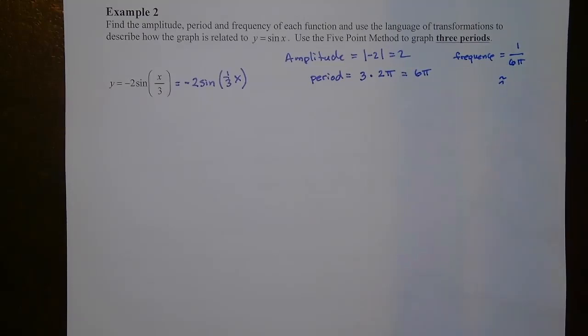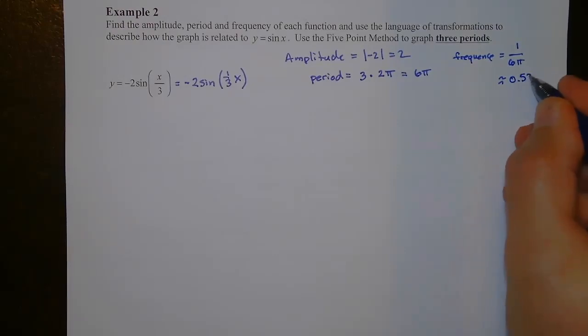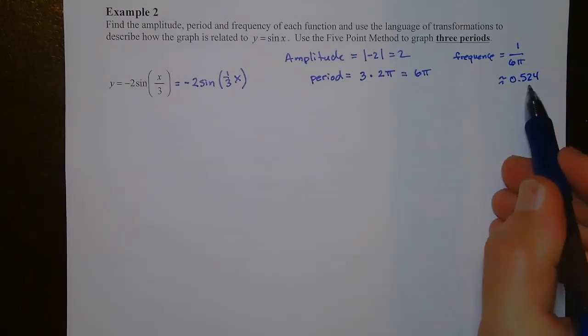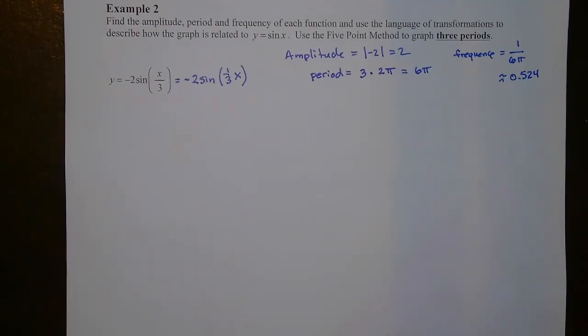You put that in your calculator, 1 divided by 6 pi, and it gives you 0.524. So we're seeing about 52% of the entire wave from 0 to 1. Now, we don't have 0 to 1 on our x-axis, but if you were to graph only 0 to 1, you'd see about half of a wave. And that's all.